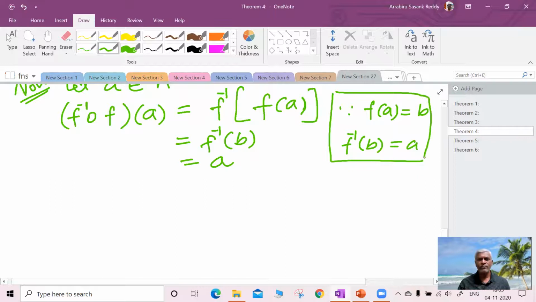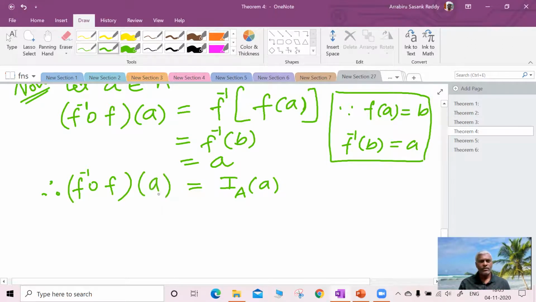We know this. So what we get, this range is nothing but a, which is equal to the identity function IA of a.